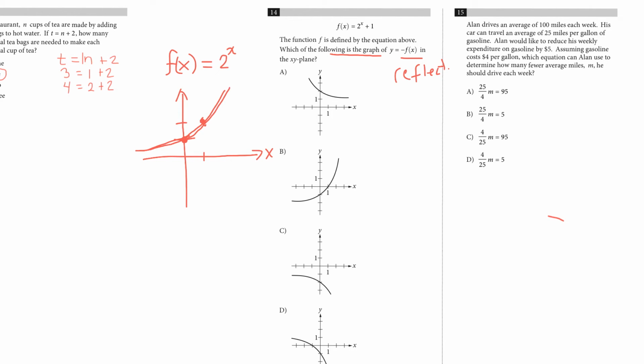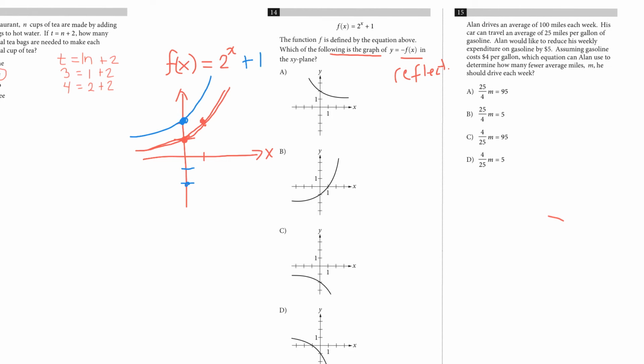Now, in the original problem, it says 2 to the x plus 1. So the plus 1 is a vertical shift, so it moves everything up 1 unit. So then it goes like this, right? Now the y-intercept for this problem is at 2, okay? And if we reflect that, this will go to negative 2.